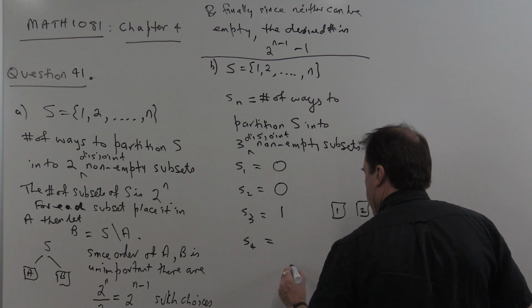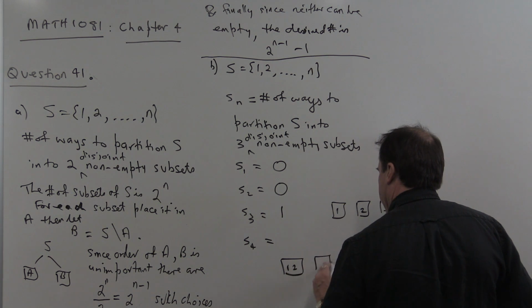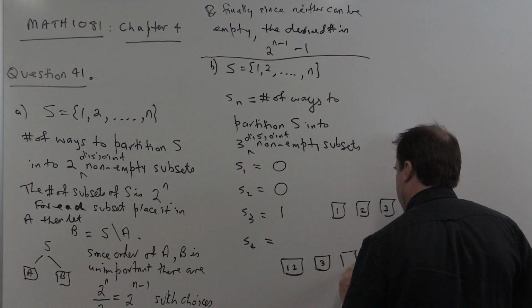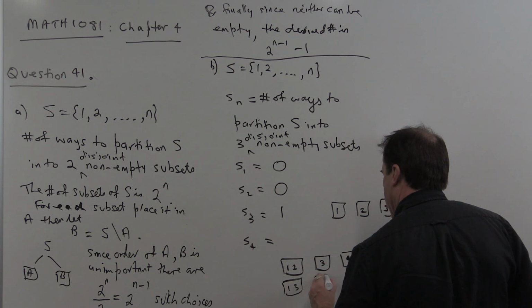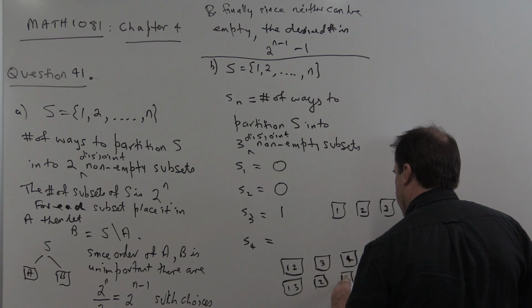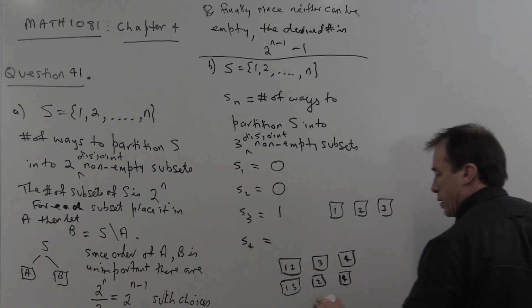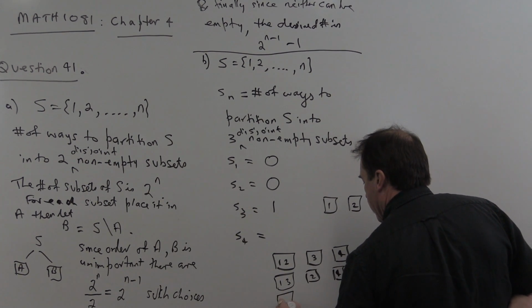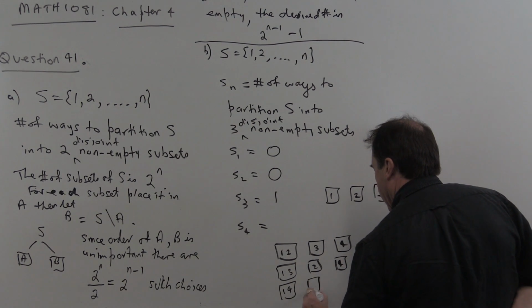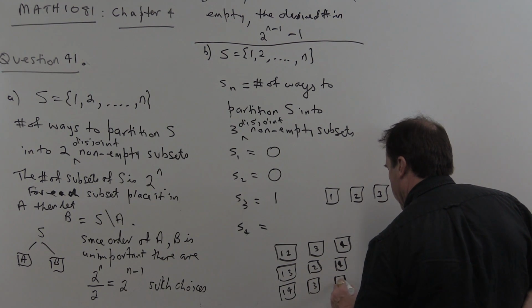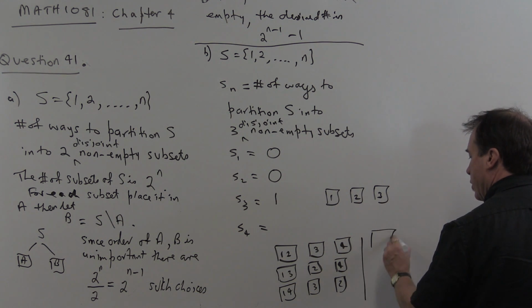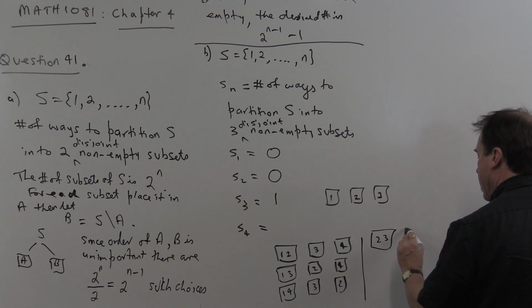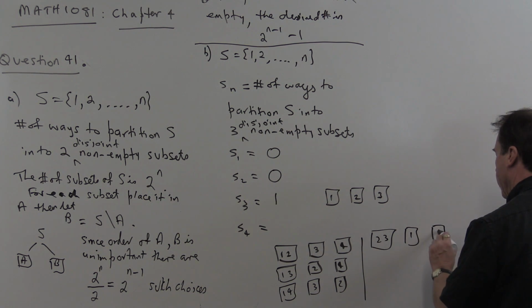For 4 objects, well, you could put 1 and 2 in the first box, and then you've got 3 and 4, or you could have put 1 and 3, and then 2 and 4 in the remainder. The order doesn't matter internally here. You could have put 1 and 4, and then I get 2 and 3, or I could have put 2 and 3 in there, and then I've got 1 and 4.